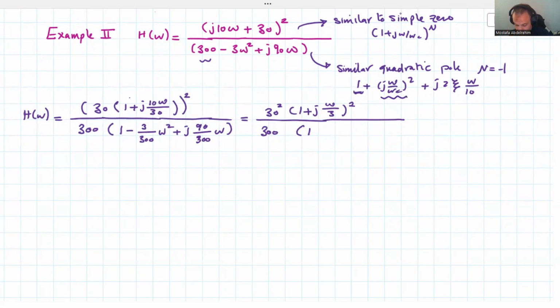Now how to get this one? And also we get this guy, so it's okay. Now it's only this squared term. So we have minus, and we have here positive. But remember, -1 is basically j squared. That's plus j squared omega squared. And the 3 over 300 is basically 1 over 100, and the 100 is 10 to the power of 2.